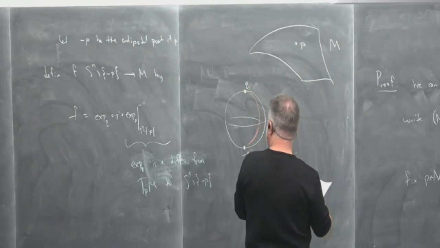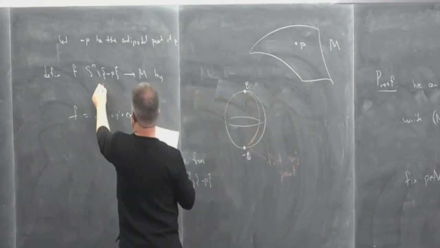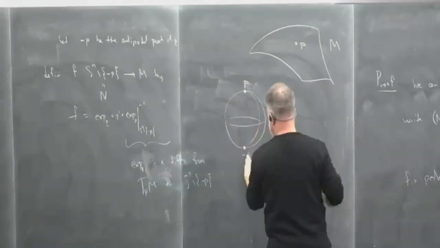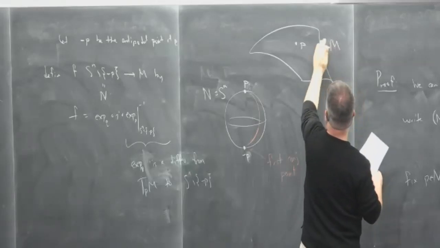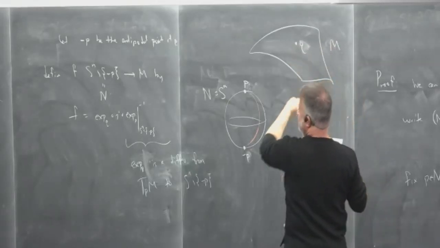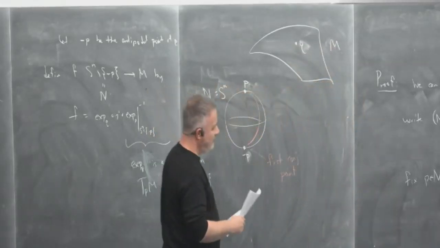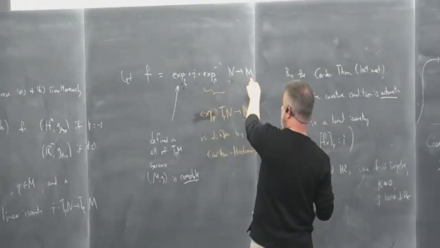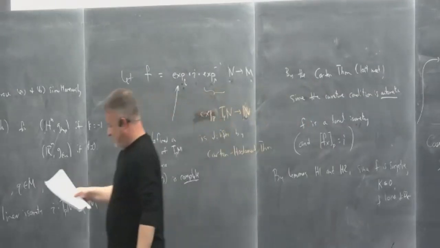This is N, the source. No, M is the target. Oh, okay. It's just like we did in cases A and B. It was going from the model space into the one we are trying to identify. Okay, sorry about that.